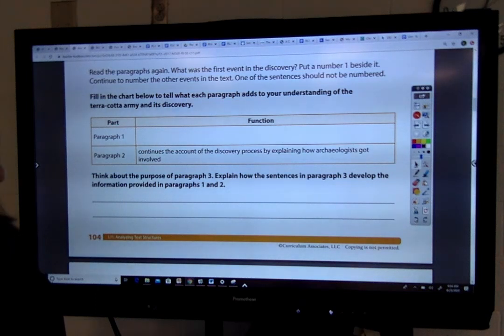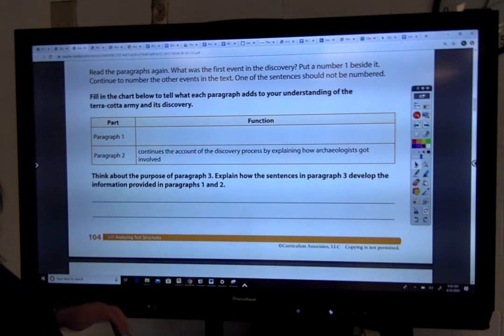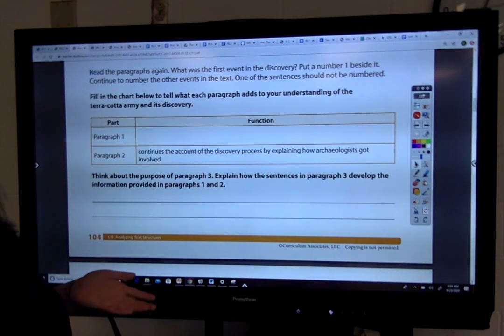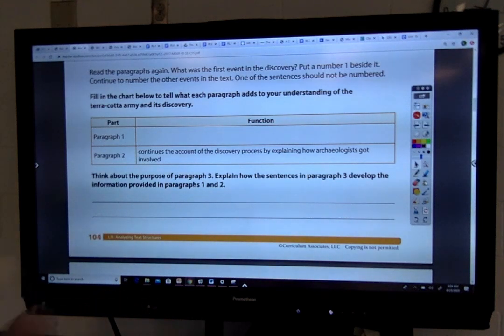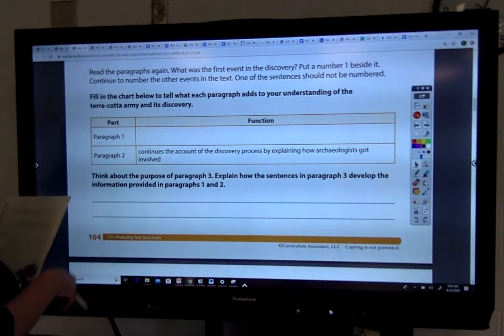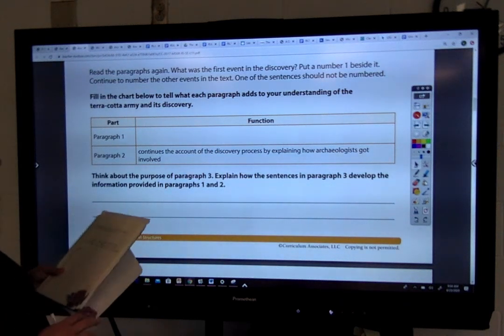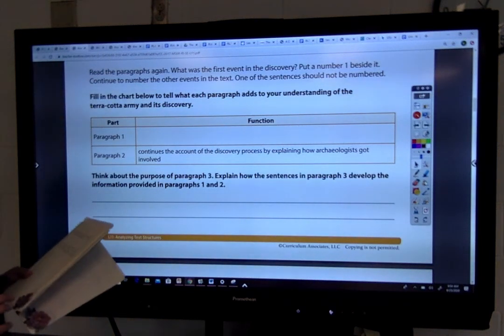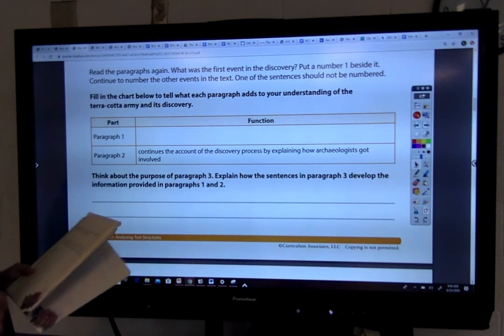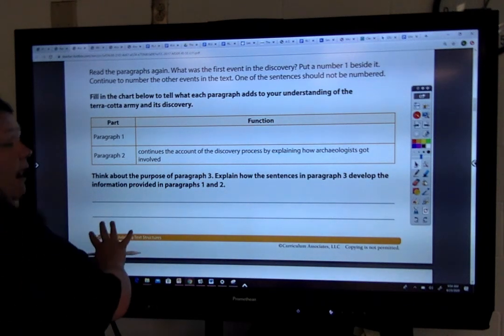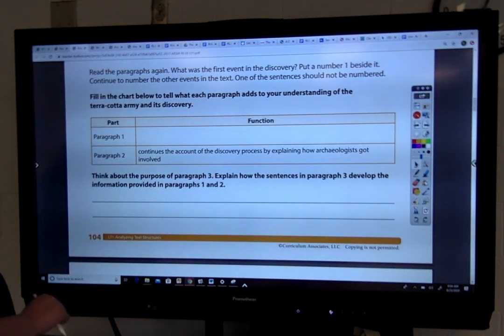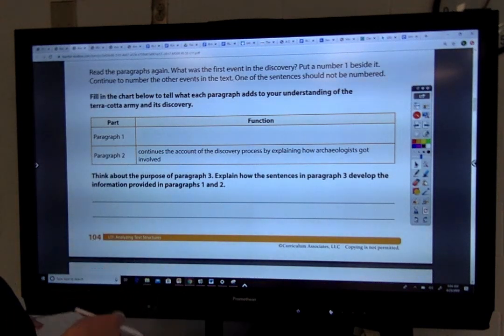Explain how the sentences in paragraph 3 develop the information provided in paragraphs 1 and 2. So here we know that the paragraph gives visual descriptions of the clay army. The details help explain what a terracotta army is and why it's a significant find. So that's what you would write here on the blank talking about paragraph 3.